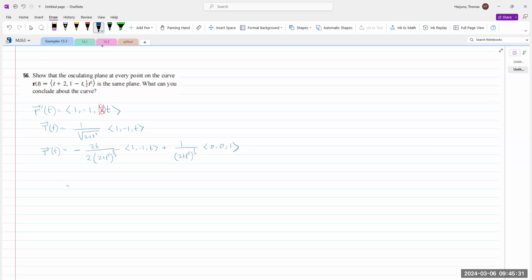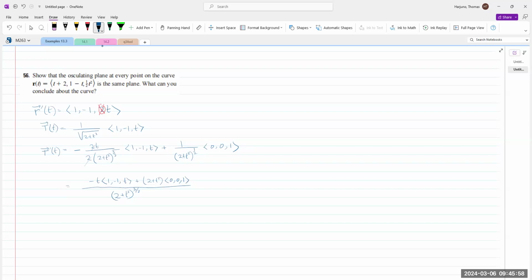If I put things together with the LCD, 2 plus t squared to the power of 3 halves, then in the first term the 2 cancels, right? So I will get negative t times 1, negative 1, t. And the second term will be 2 plus t squared times 0, 0, 1.